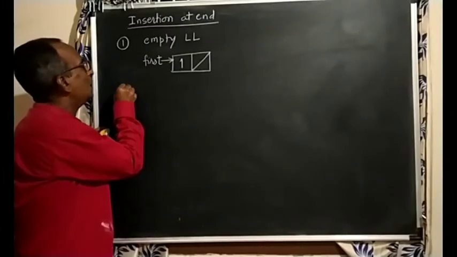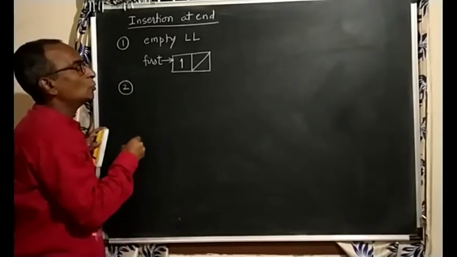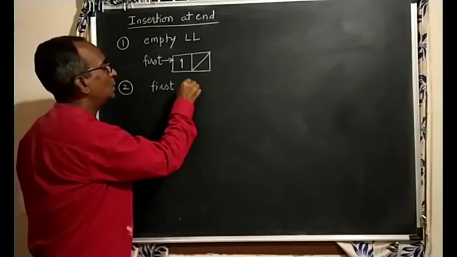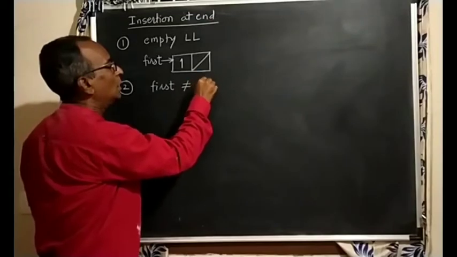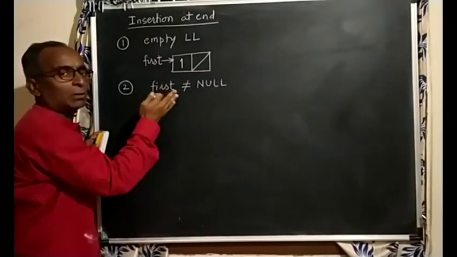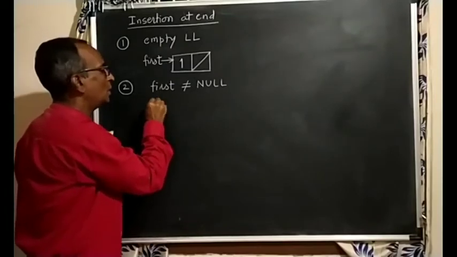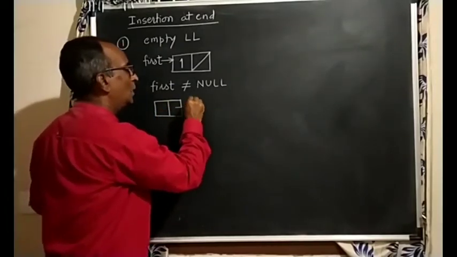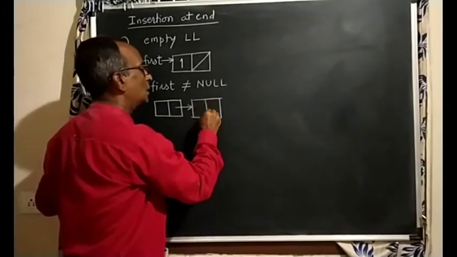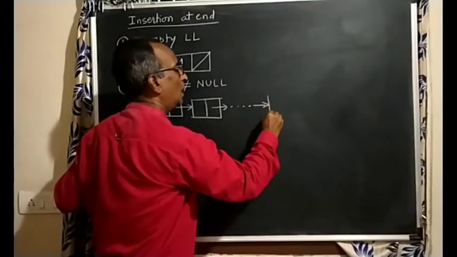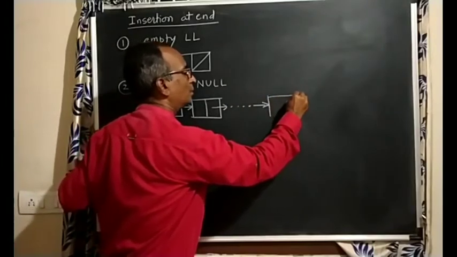Now in the second case, when linked list is not empty, what is the condition? When first is not equal to null, then this will be the normal case, and the earlier one was the special case. Assume that you have a linked list. How many nodes we have, we don't know.